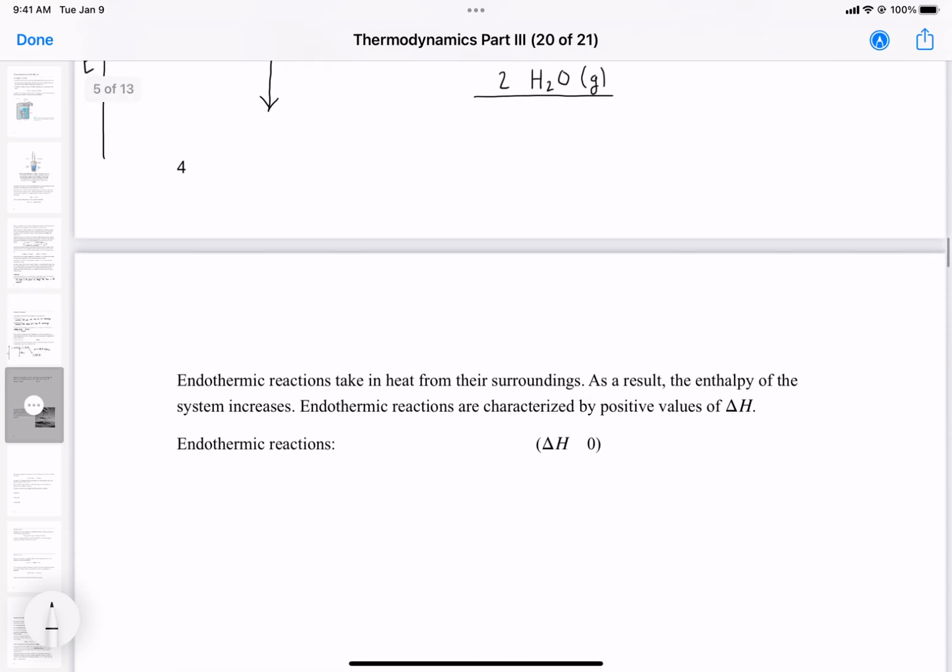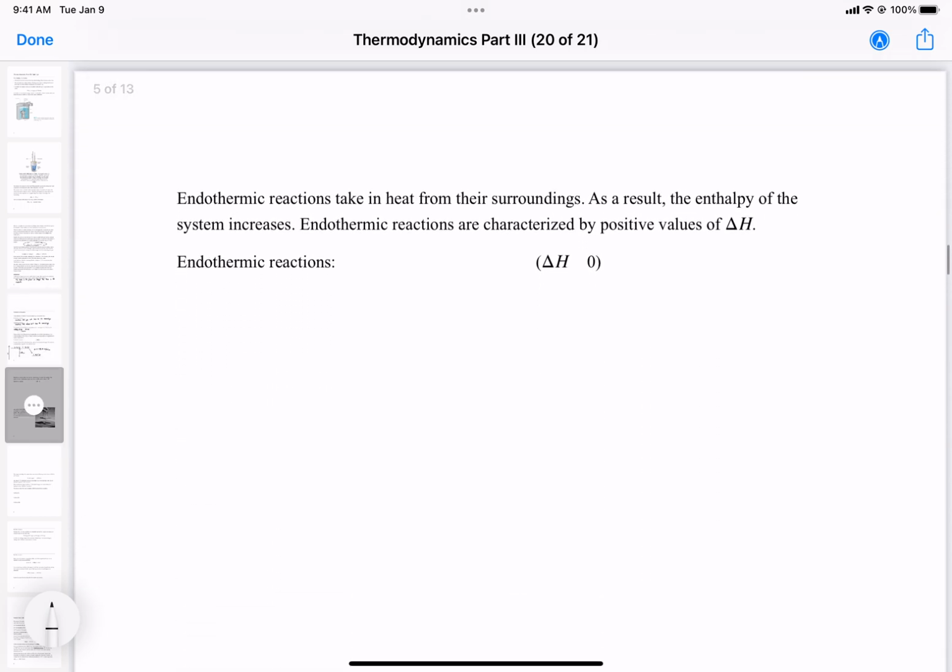All right, let's go to another example now, endothermic reactions. So endothermic reactions take in heat from the surroundings, so they absorb heat. So these are what coolants do. When you put coolant in your AC or your car, what they do is they absorb heat from the surroundings and they can be used to cool your system, right?